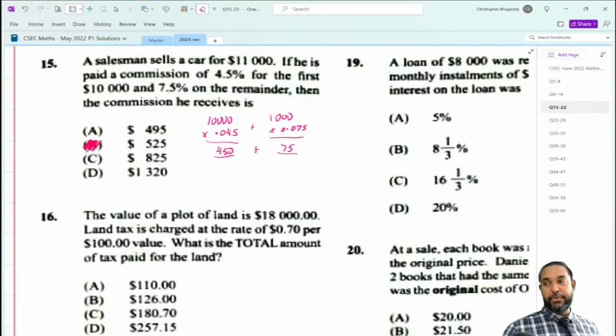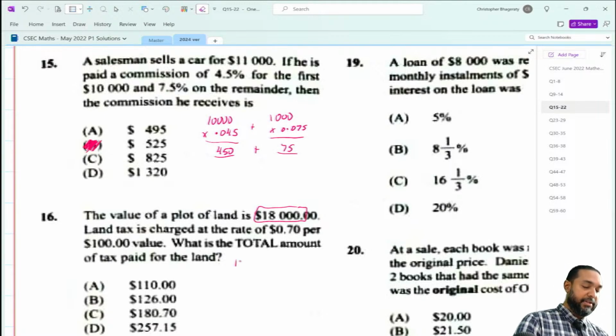Next one, 6. The value of a plot of land is $18,000. Land tax is charged at a rate of 70 cents per $100 of value. What is the total amount of tax paid for the land? It's not 70 cents on the dollar or 70% of the value. It's 70 cents on every $100. So to find out how many groups of 100 I have, I take the 18,000 and divide by 100 to get 180.